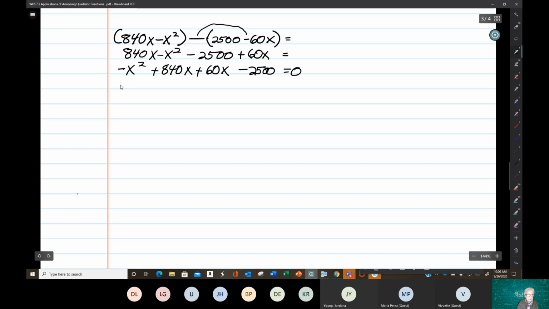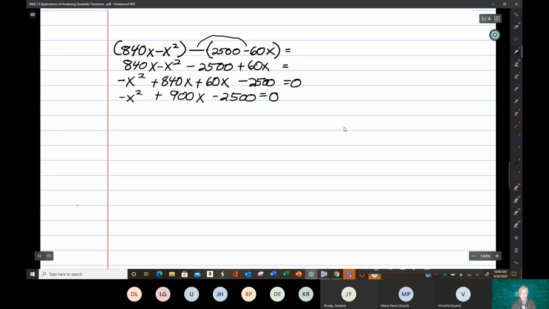Equals 0. Negative x squared plus 900x minus 2,500 equals 0.